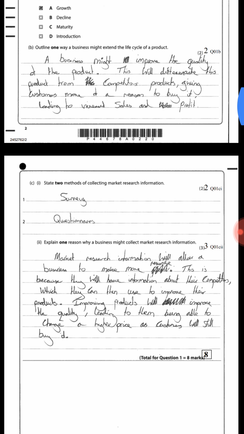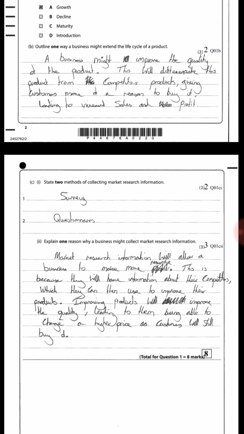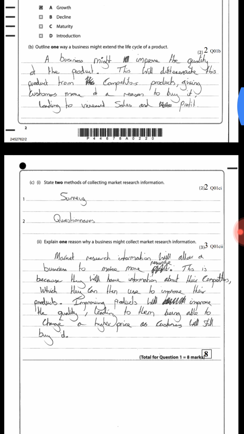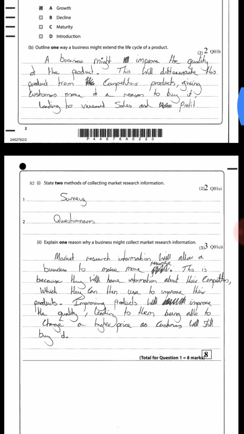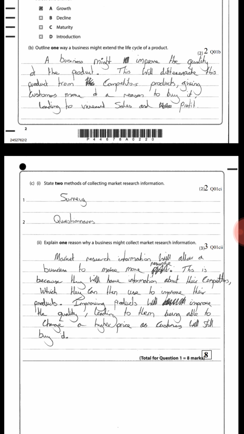They've put a business might improve the quality of the product. This will differentiate this product from competitors' products, giving customers more of a reason to buy it, leading to increased sales and profit. And you will see it's a generic question, it's asking in general terms, and the student's given a generic answer and gained 2 marks there.